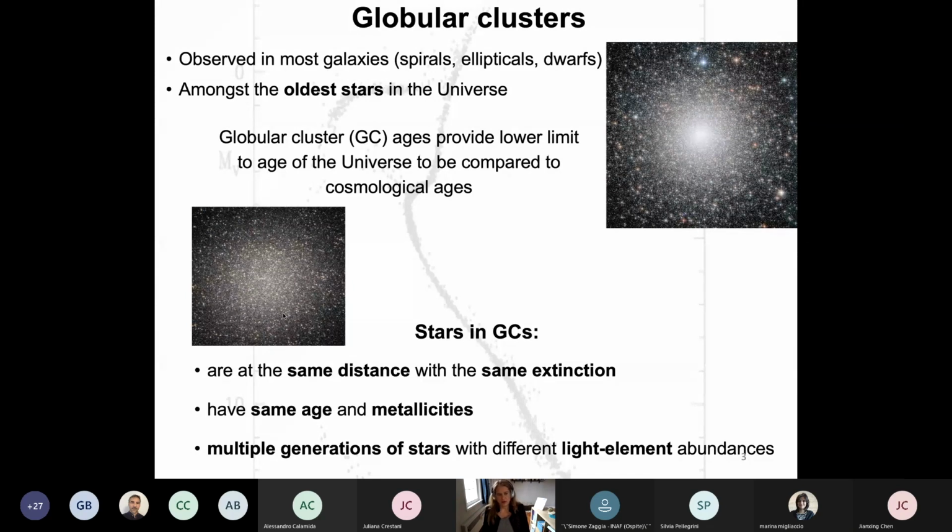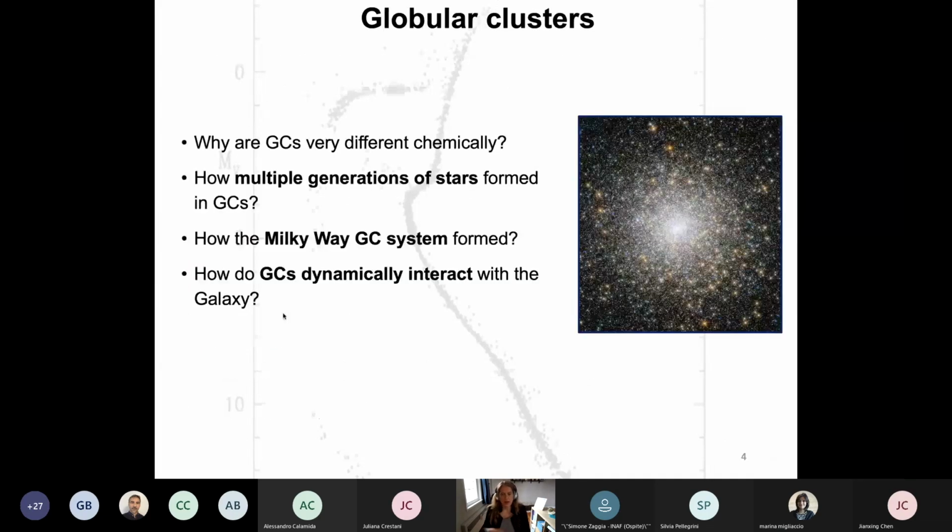But then photometric and spectroscopic studies showed us that actually clusters host multiple generations of stars, so they're not really simple stellar populations. And these multiple generations of stars have different light element abundances. So not heavy elements like metallicity, but light element abundances. This was a really great discovery and opened up a lot of other studies to better understand this phenomenon.